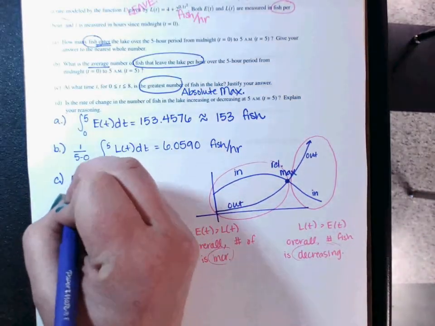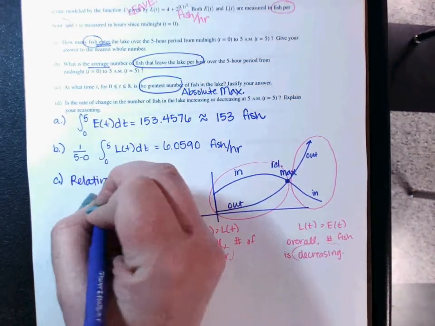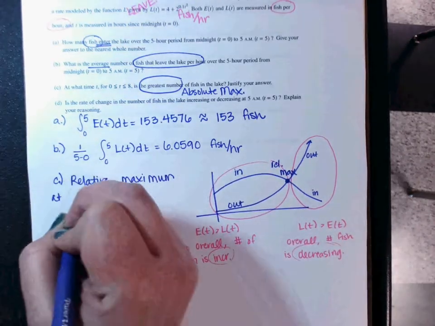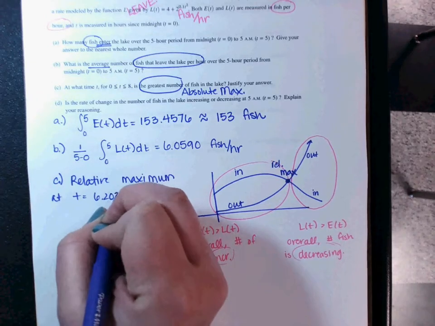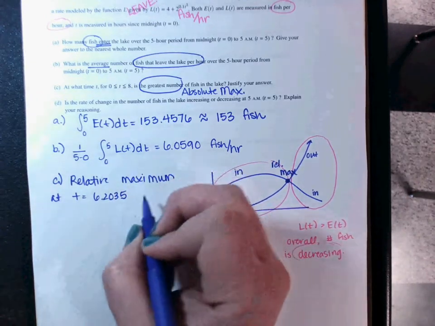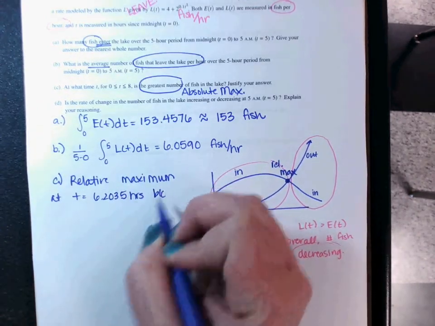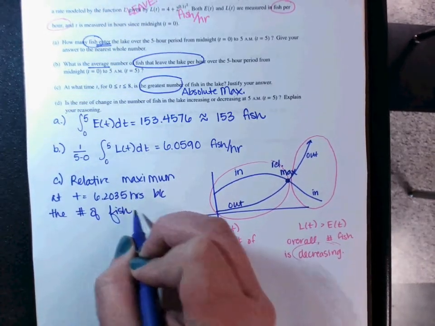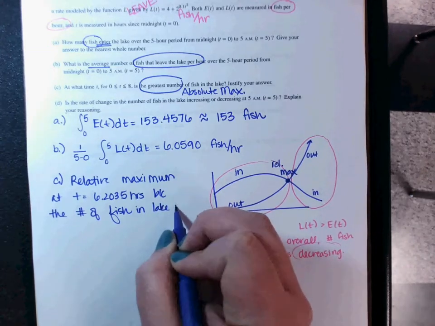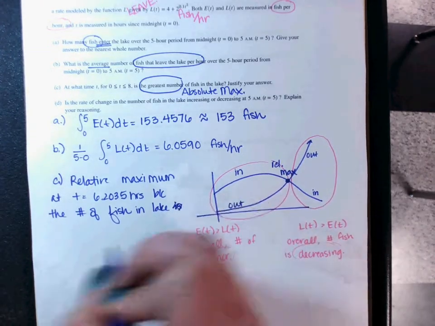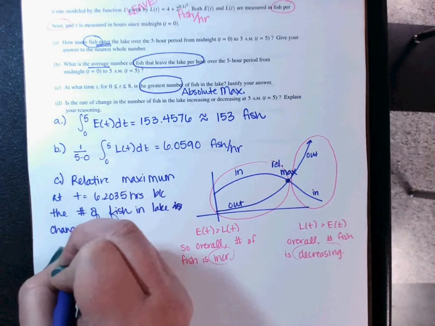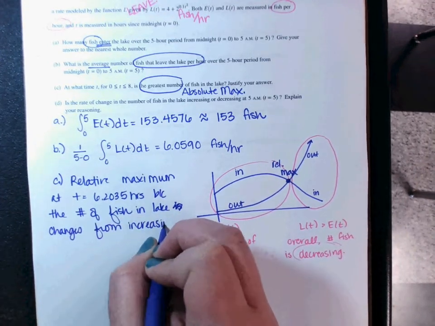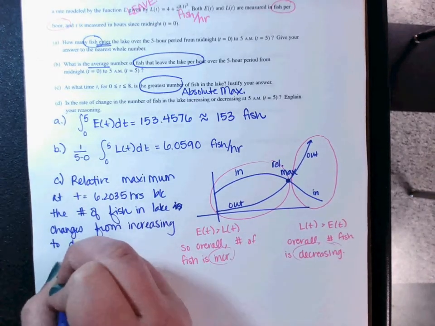So I'm going to put, I have a relative maximum at t equals 6.2035, and that would be hours, because the number of fish in the lake, let's say, changes from increasing to decreasing.